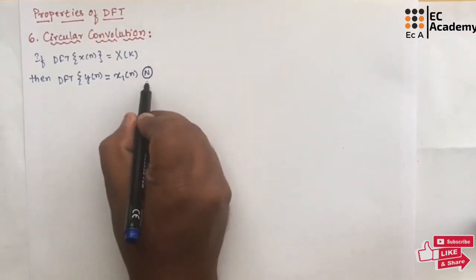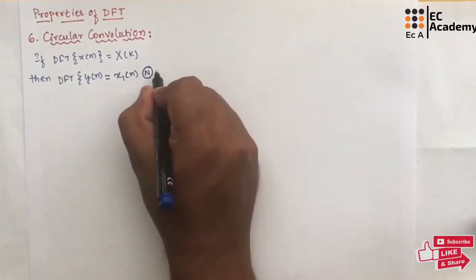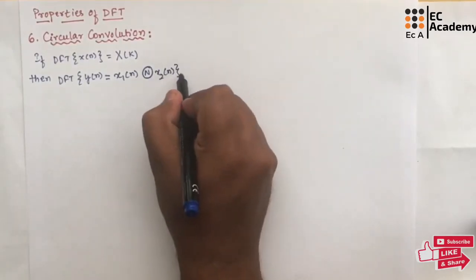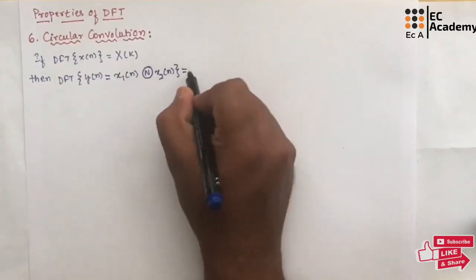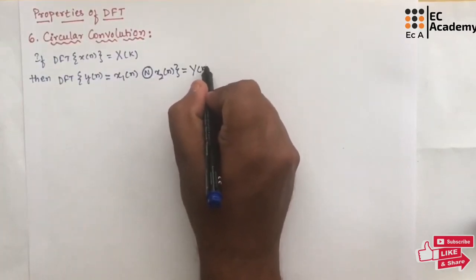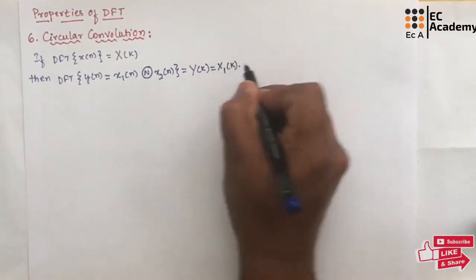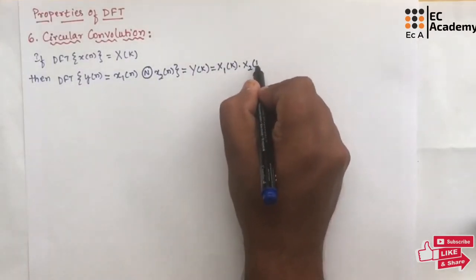This is circular convolution representation. x2 of n will be equal to y of k, that can be written as x1 of k into x2 of k.